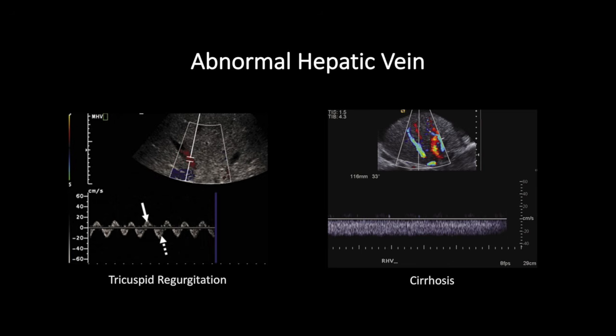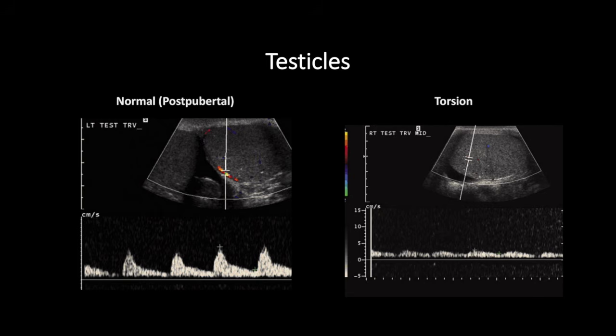So you've gotten through the kind of most involved or hardest part of this talk. Okay, and so briefly, in other parts of the body that you might look at, this is what a normal testicle looks like. So the normal waveform in the testicle, that's after puberty at least, should be relatively low resistance.